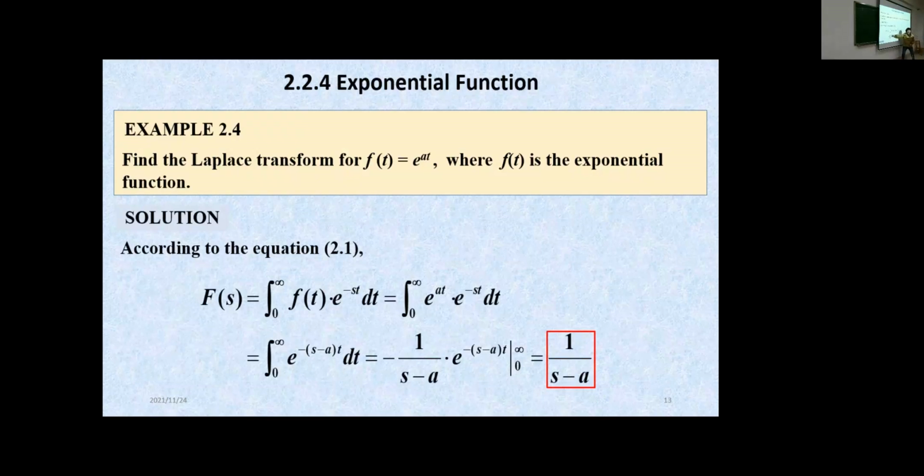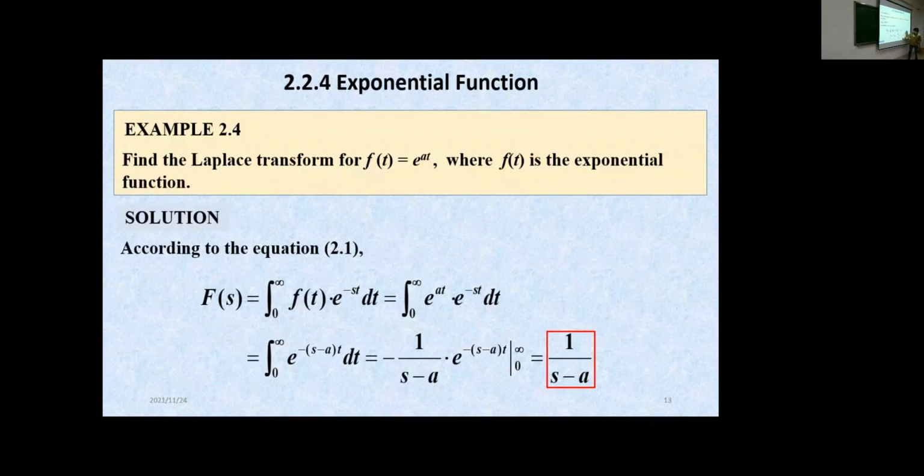We take the minus out, then we get minus (s minus a) times t, right? Then you should rewrite t like this. How to change t like this? First, 1 divided by this one. Then you can write this one instead of t. Then the whole thing becomes this, right? And from 0 to infinity.